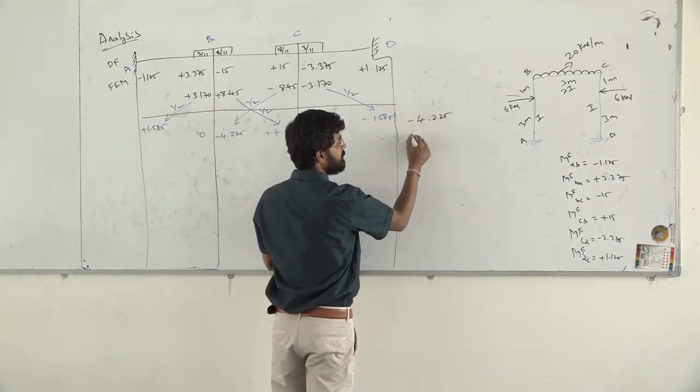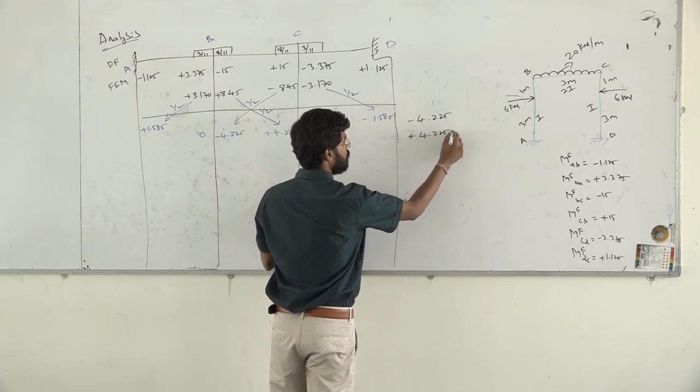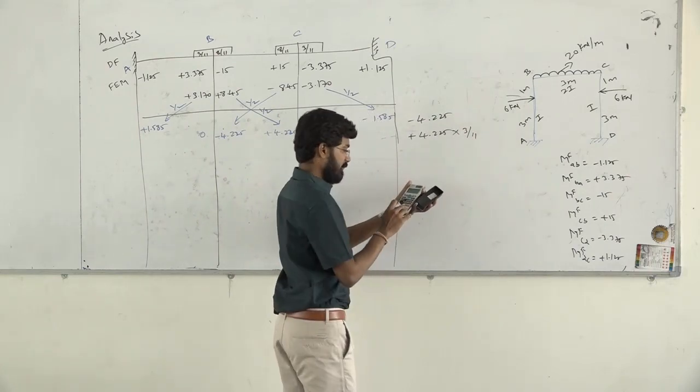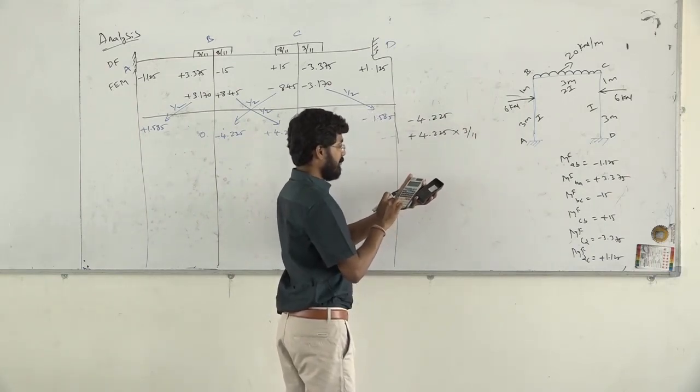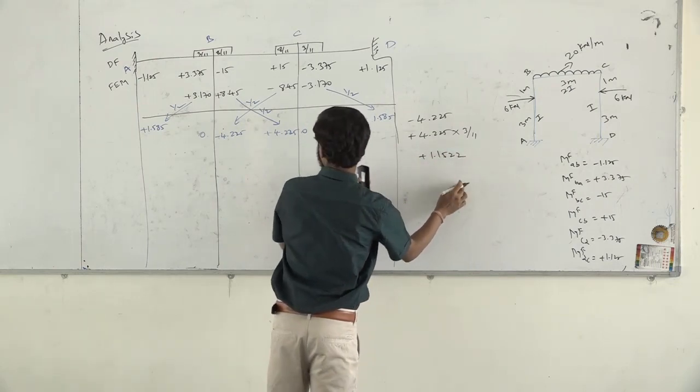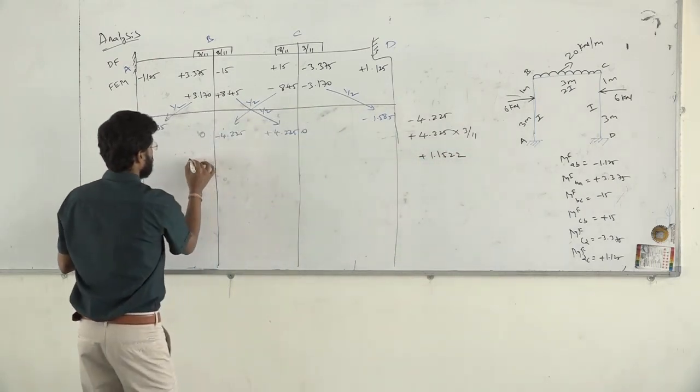We have to take the opposite sign, plus 4.225 into the distribution factor, which is 3 by 11. So plus 4.225 into 3 divided by 11. Then the answer will be plus 1.1522.